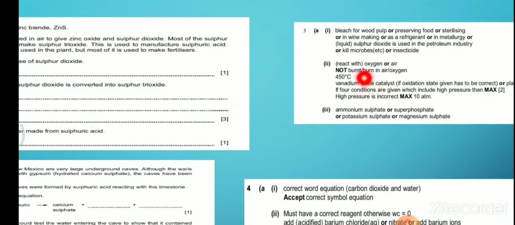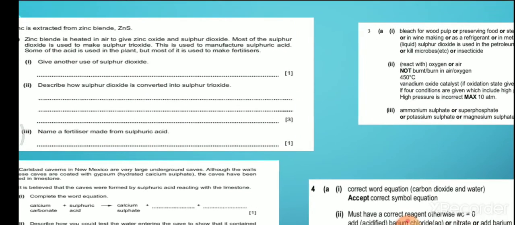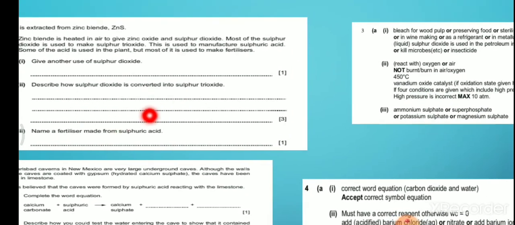So sulfur dioxide reacts with oxygen or air at a temperature of 450 degrees Celsius in the presence of the catalyst vanadium pentoxide. If you want, you can include pressure also, less than 10 atmospheric pressure.